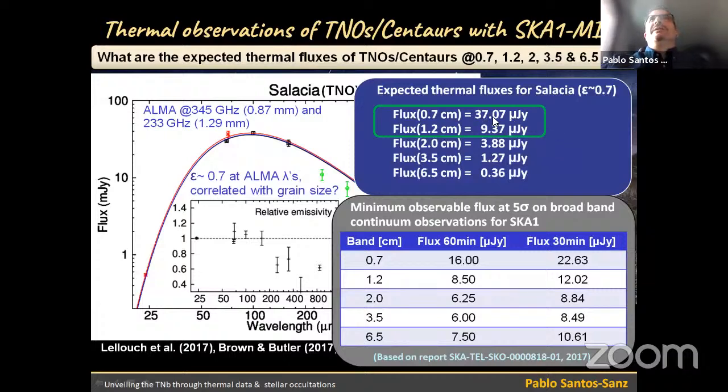You can see that this is extremely low thermal emission because these are micro-Janskys. Usually in Herschel, we work using milli-Janskys for TNOs, but here we are talking about micro-Janskys, but it's possible.